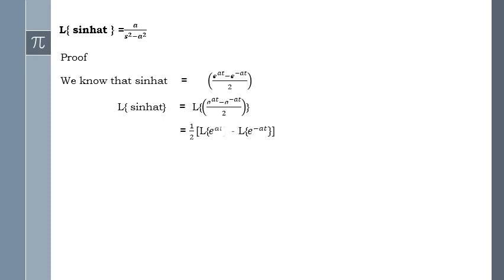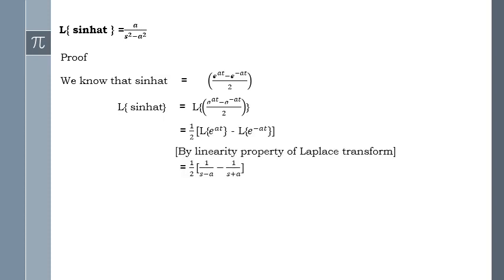Here we make use of the linearity property of the Laplace transform and split and write it as 1 by 2 times L of e power at minus L of e power minus at, which is nothing but 1 by 2 times 1 by s minus a minus 1 by s plus a. Simplifying this, we get the answer as a by s square minus a square. L of sin h at is nothing but a by s square minus a square.